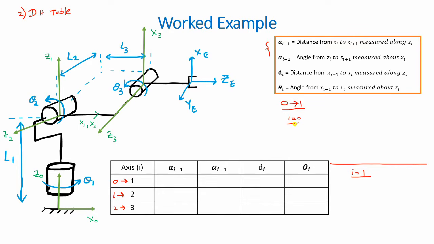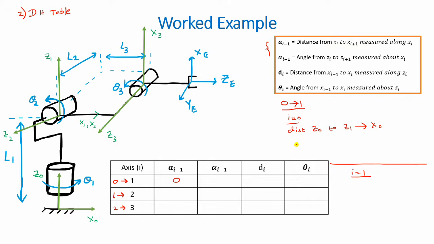So for a_(i-1), we would want the distance from z0 to z1 along x0. The distance between z0 and z1 along x0 would be 0, as they are both on the same line or the same line of action.